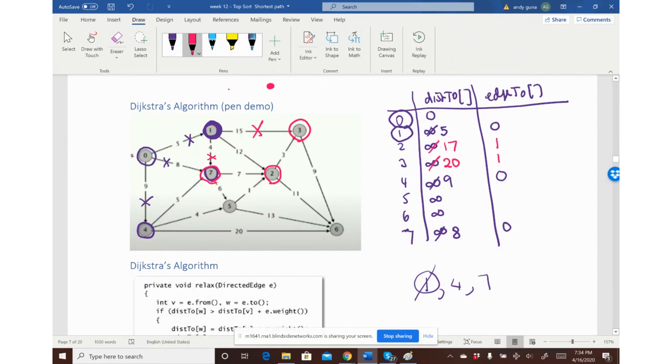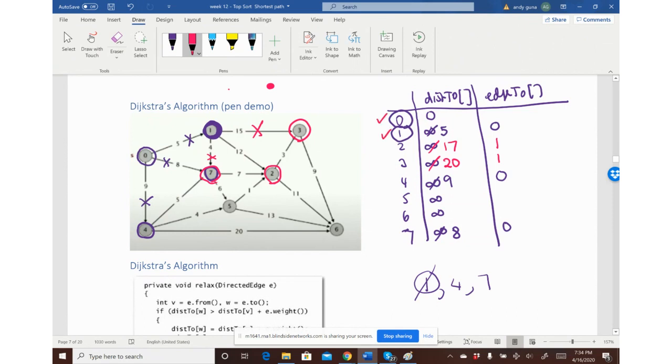Okay? So now what we're going to do is pick the next thing among the smaller things. So this is done, this is done. I'm going to put a check mark here to say that I have processed them.